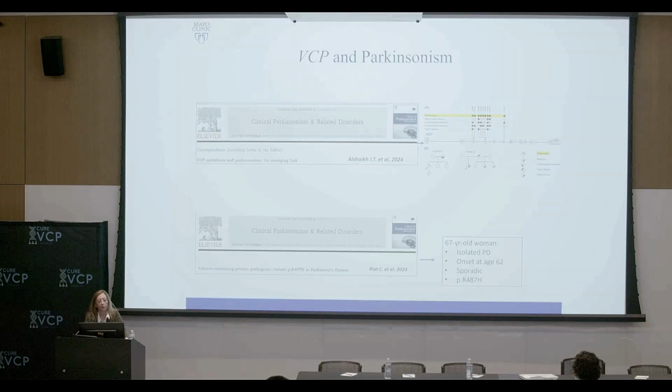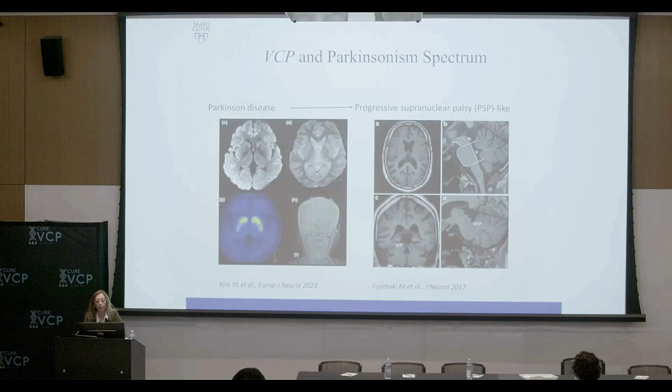But there is also a report of a patient who has isolated Parkinson disease, no family history, and carries a mutation that was previously reported in the setting of familial and sporadic ALS. Now, Parkinsonism can manifest.